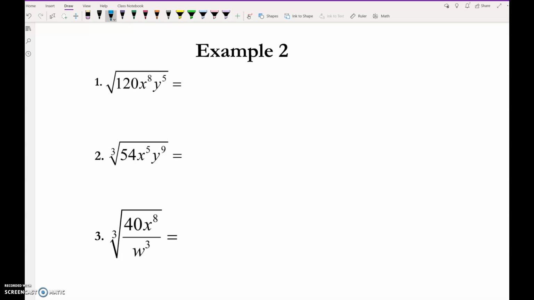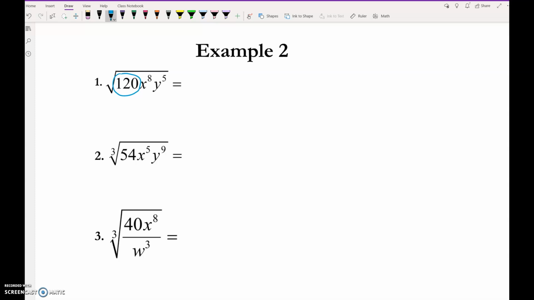In example 2, the first thing that we need to do is simplify the square root of 120. 120 isn't quite as easy to simplify as some of the other numbers we've had. You want to get the largest perfect square you can.